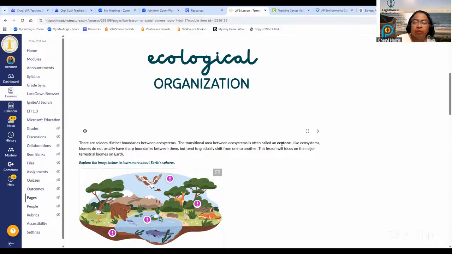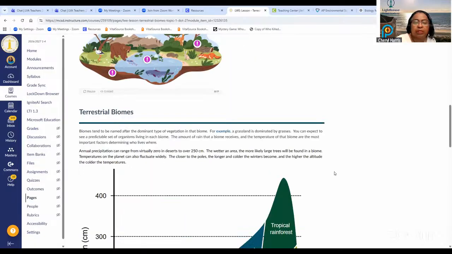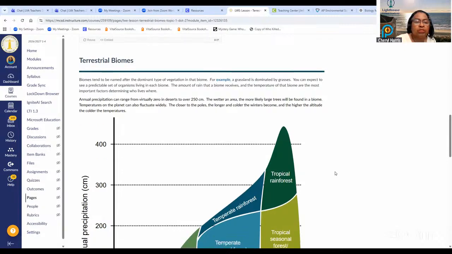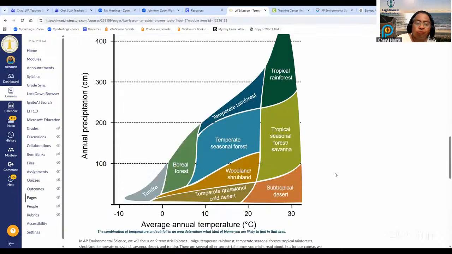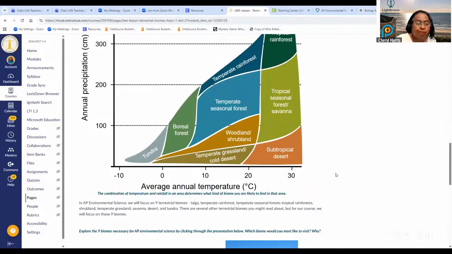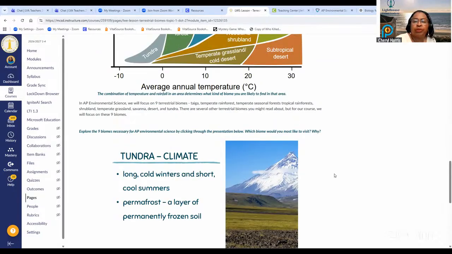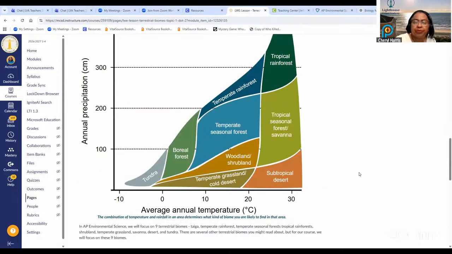I think it might have been the other environmental science class, but there was a downloadable worksheet that had a description of all of the biomes. You're going to get it here too, but I had a better one for you. So let me stop sharing for a minute.